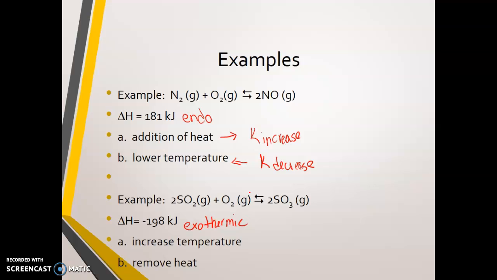When we increase the temperature of an exothermic reaction, this is going to shift the equilibrium to the left, and when we shift the equilibrium to the left, K will decrease. When we remove heat or we lower the temperature on an exothermic reaction, this is going to shift the reaction to the right, and that is going to cause K to increase.